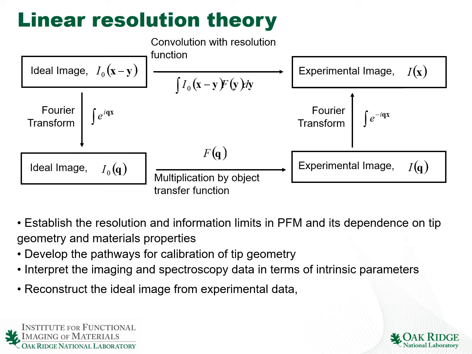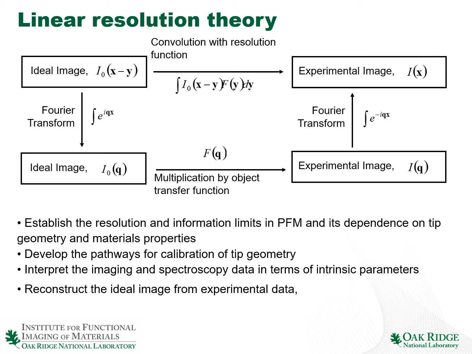The experimental image is the convolution of the ideal image with the resolution function. The same type of relationship can be established in Fourier space, where the ideal image and the experimental image in Fourier space are related by multiplication by the object transfer function.